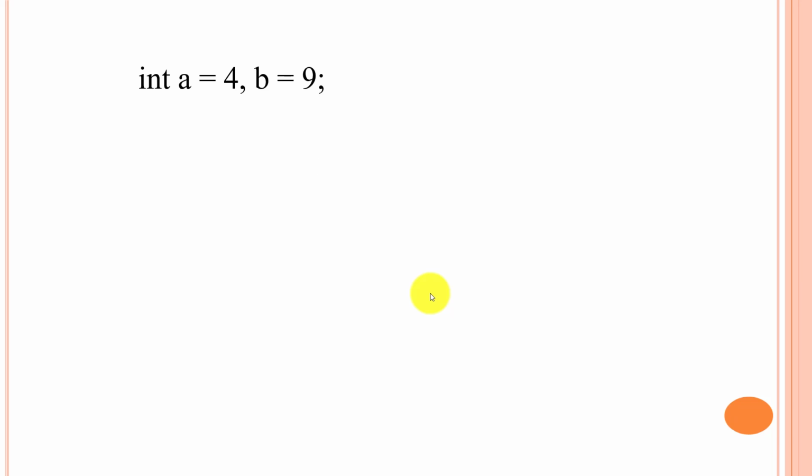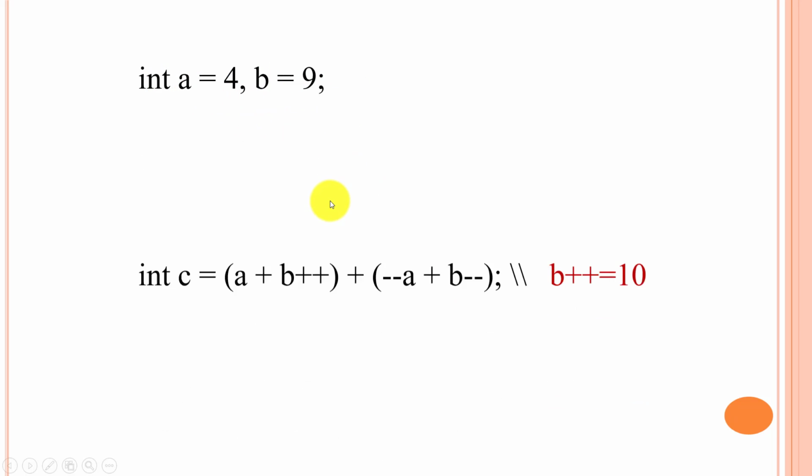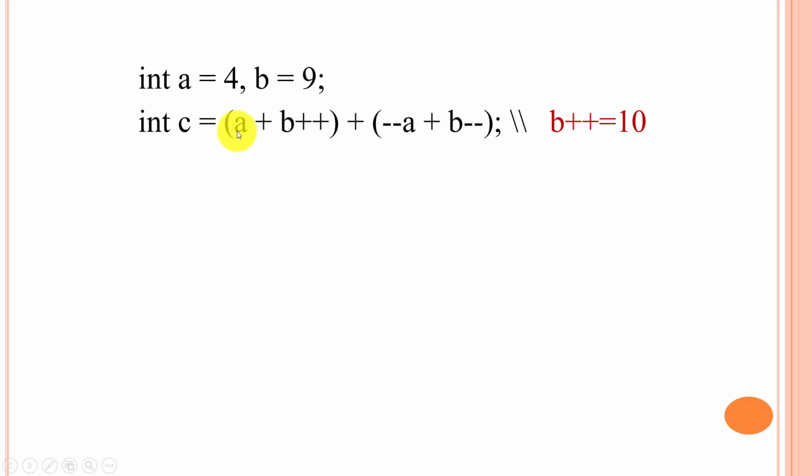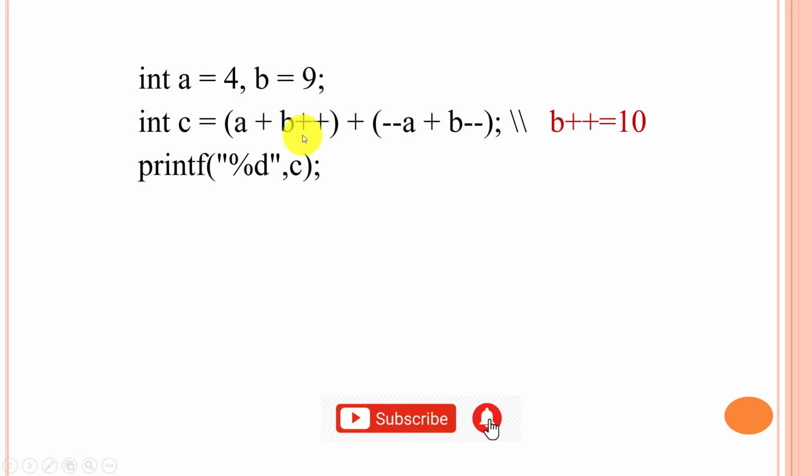Now let's consider one more example. Suppose a is equal to 4, b is equal to 9. Int c is equal to a plus b plus plus in the first bracket, and in the second bracket minus minus a plus b minus minus, and printf %d c. Now what will be the result of this expression? Let's consider the first bracket a plus b plus plus. Now the value of a is 4 plus, now this is the post increment.